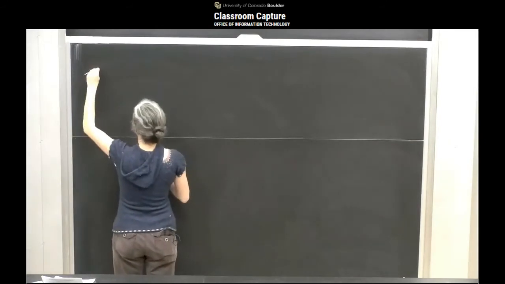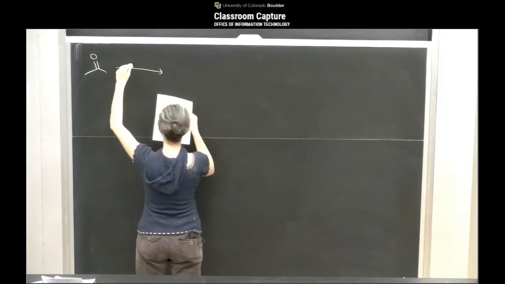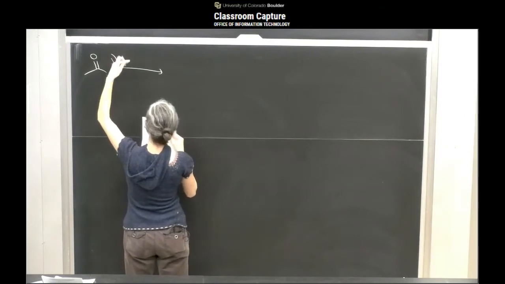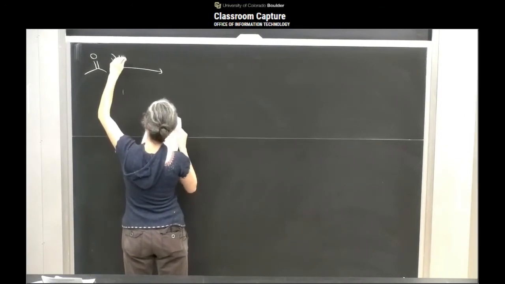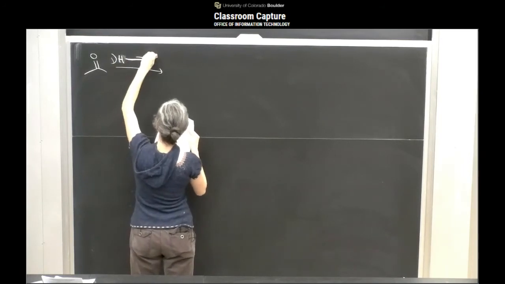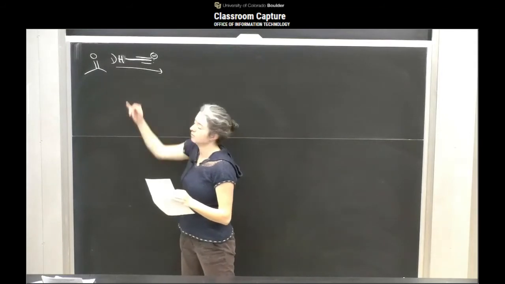So like, whatever acetylide that you wanted to make, and I'm showing this as an H, you could do whatever R group on there instead.